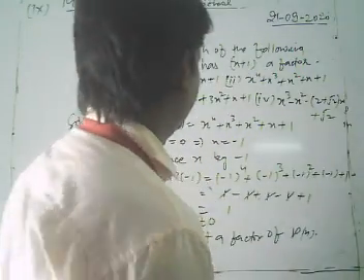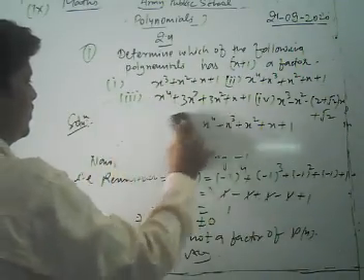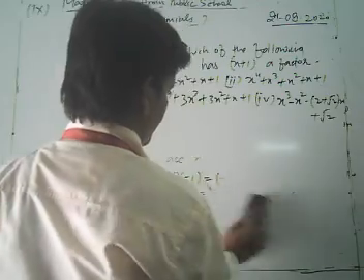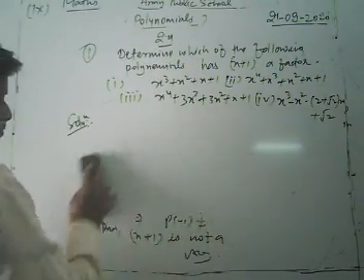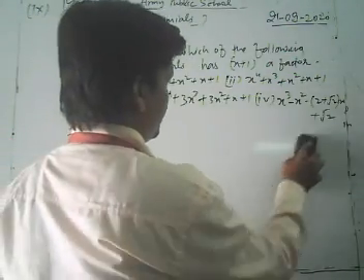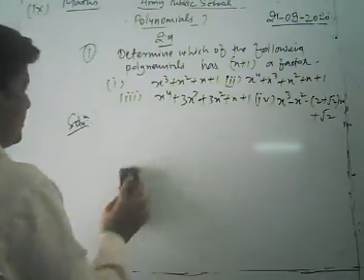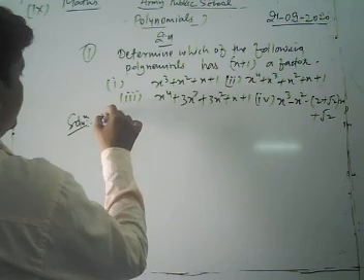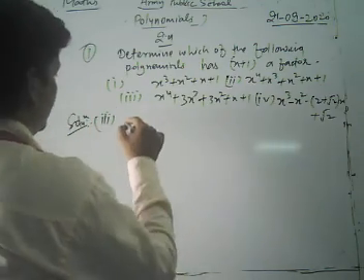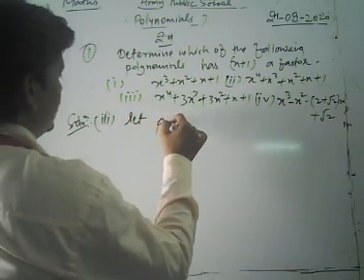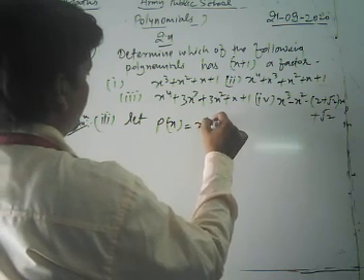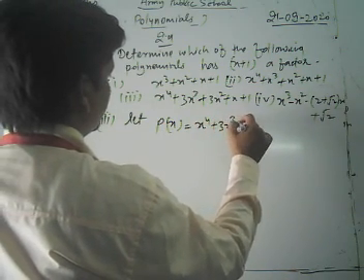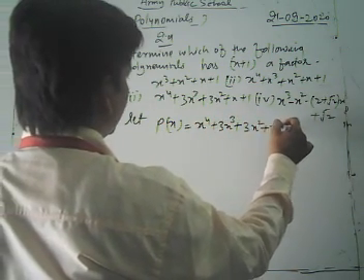Let's see. Similarly we take and solve the third part of this question, which is, first of all, we let p(x) = x^4 + 3x^3 + 3x^2 + x + 1.